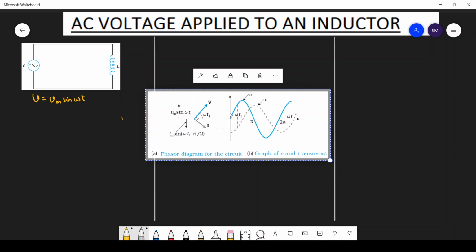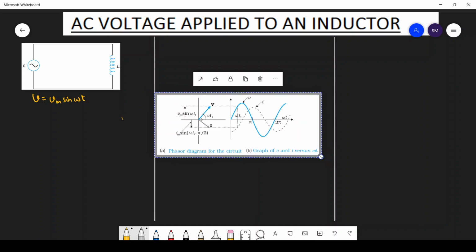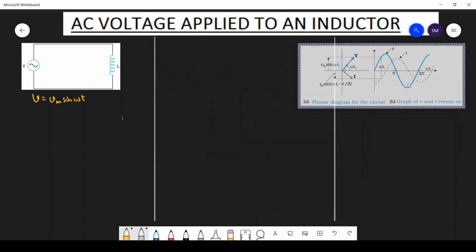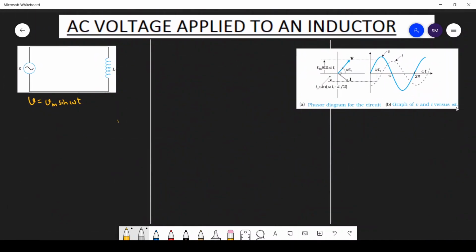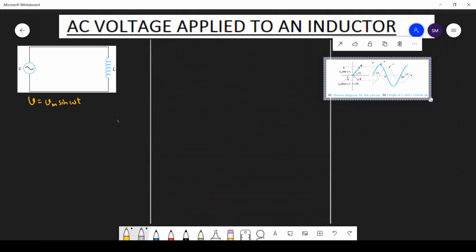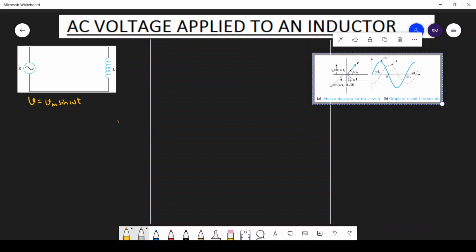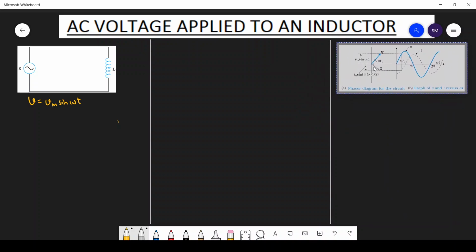You can see this, the voltage is varying and current is also varying, and for half of the cycle voltage is positive and half the cycle voltage is negative. We'll deal with this phasor diagram later.